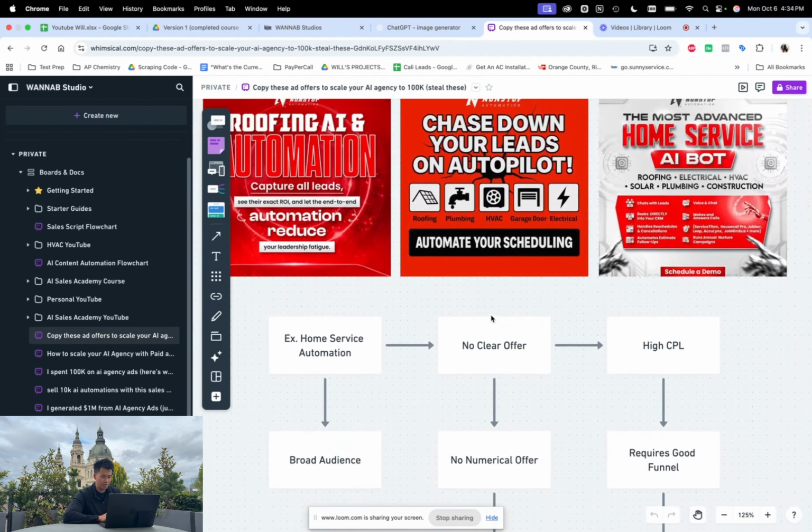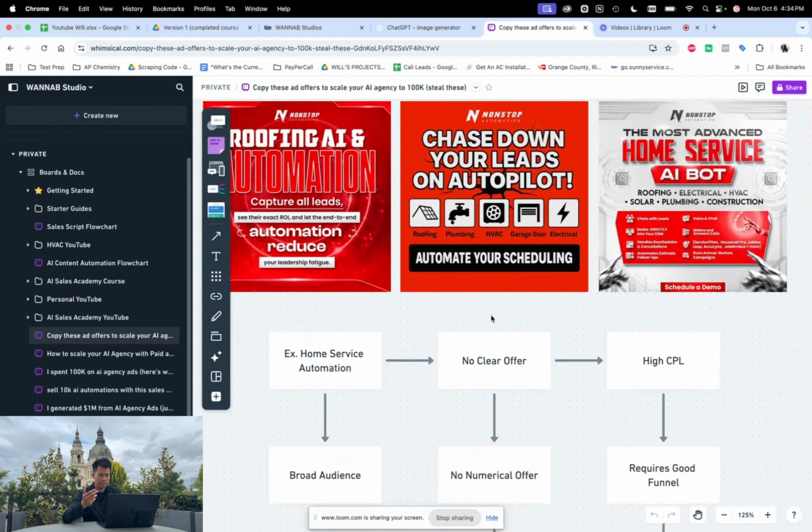There's no numerical offer, like how many leads am I going to get, right? And how much time am I going to save? What pain are you reducing, right? Chase your leads down on autopilot doesn't mean anything to me, right? I don't know what time I save. What money do I gain, right? When your prospect looks at an ad, they're thinking within 5 seconds, what do I get from this, right? Do I even want to learn more about this, right?